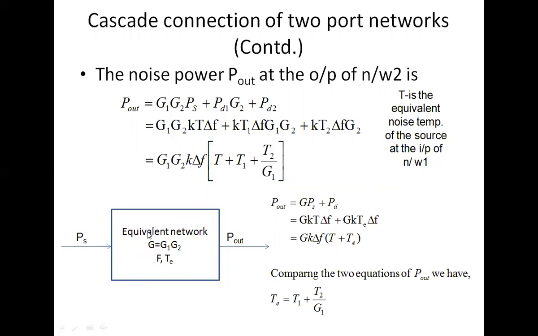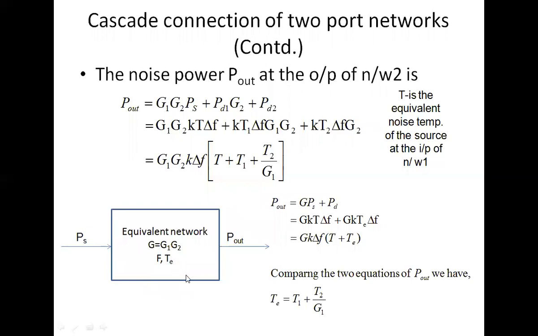So for the equivalent network, together we can put it as G is G1, G2, the product of G1, G2. F is the equivalent noise figure. T is the equivalent noise temperature. This F is the noise figure which includes both the devices. This is the equivalent noise temperature which includes both the devices. So now we'll have to see an expression which relates the equivalent noise figure F to the individual noise figures F1, F2, and also this resultant equivalent noise temperature.